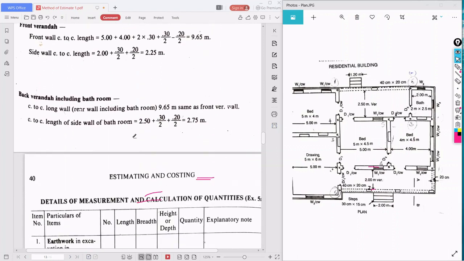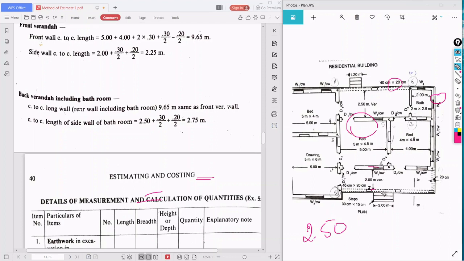The back veranda will be the same as the front veranda, because this is also a 20 centimeter wall, this is also a 20 centimeter wall, and this is also a 20 centimeter wall. The difference is the short wall distance, which is 2.50.